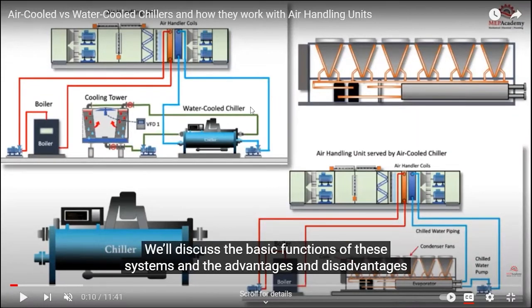A chiller is a heat pump that works only for cooling. But what happens inside the chiller is the same thing that happens inside the heat pump. The good thing about a heat pump is that we can reverse the cycle, heating or cooling. A chiller is just for cooling.